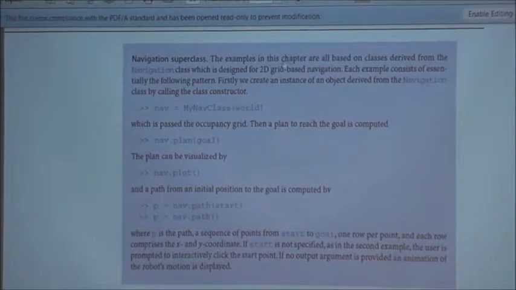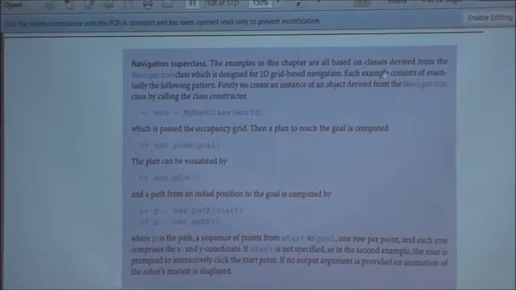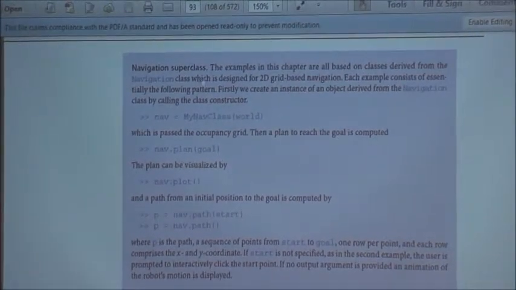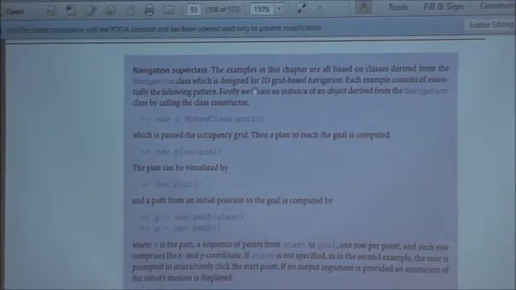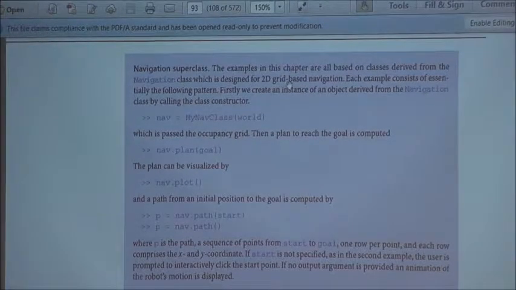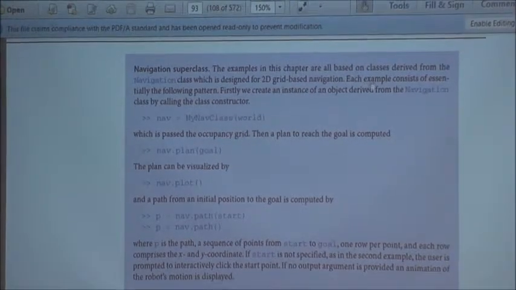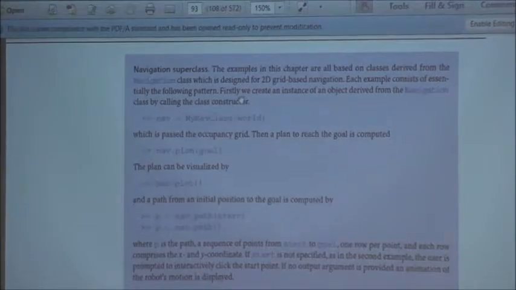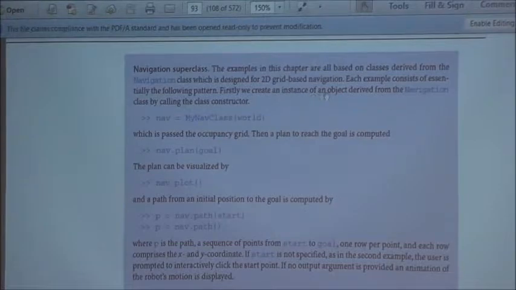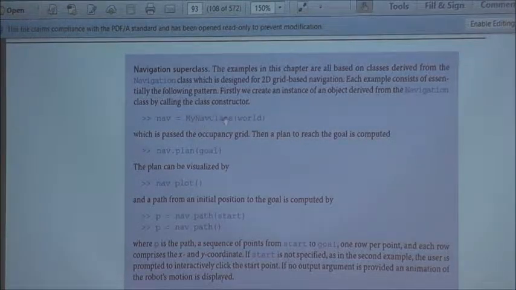The examples in this chapter are all based on classes derived from the navigation class, which is designed for two-dimensional grid-based navigation. Each example consists of essentially the following pattern. First, we create an instance of an object derived from the navigation class, like this, which is passed the occupancy grid, the same concept as before.